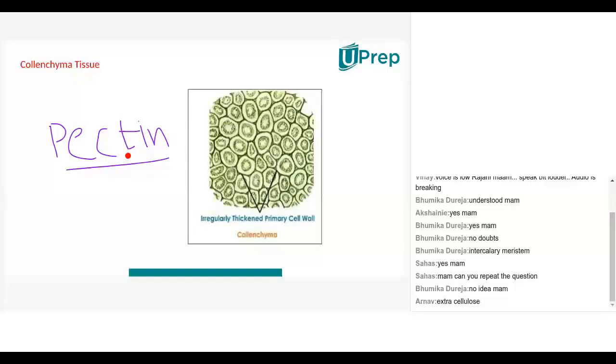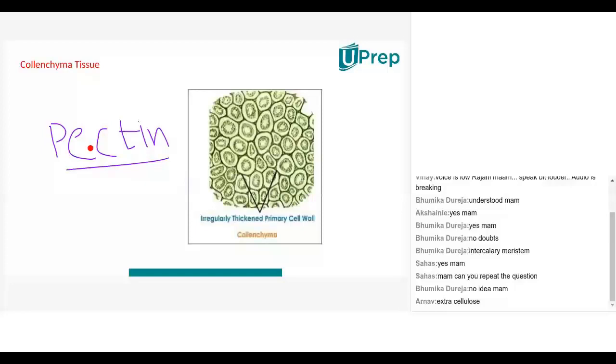For example, in the apple fruit, the soft texture is because of the solubilized pectin in the collenchyma. Hope I'm clear with the application of pectin in collenchyma tissue in apple fruit. What is pectin then? It's a kind of carbohydrate.